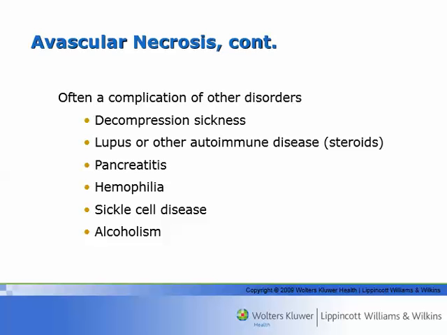So lots of things can do it, and almost anything that will disrupt blood supply. So autoimmune diseases, pancreatitis for some reason seems to be able to do it. Blood disorders like hemophilia, sickle cell, decompression sickness, the bends from diving, can cause it.